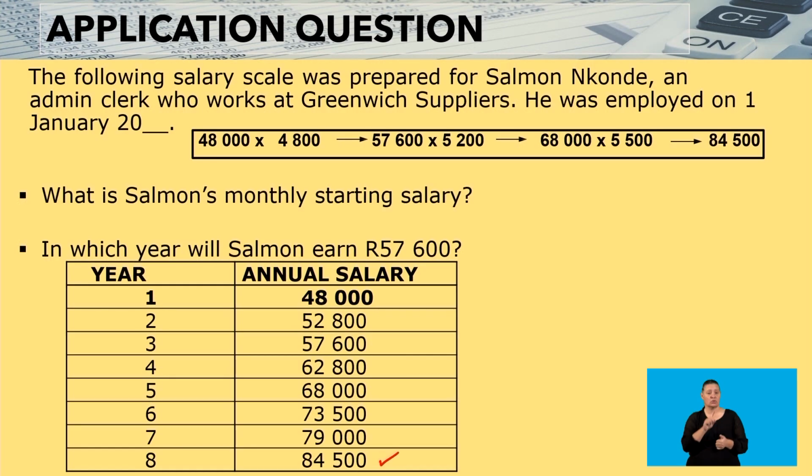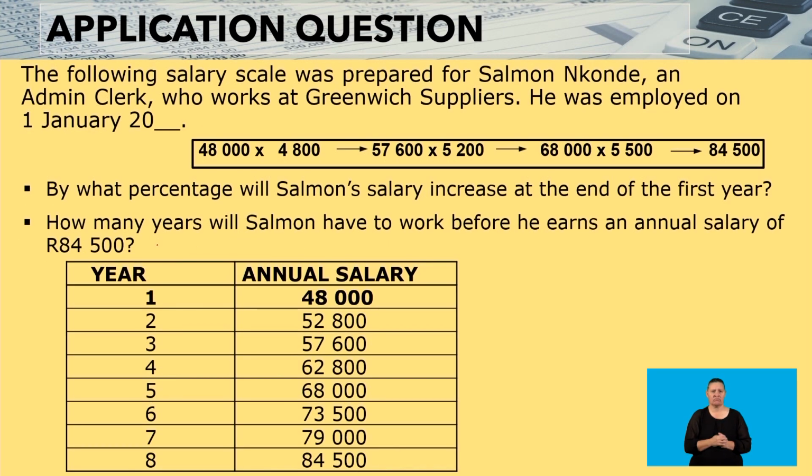Now, there will be calculations that I'm going to do with you. The next question says, by what percentage will Salmon's salary increase at the end of the first year? In his first year he is earning 48,000 as an annual salary.